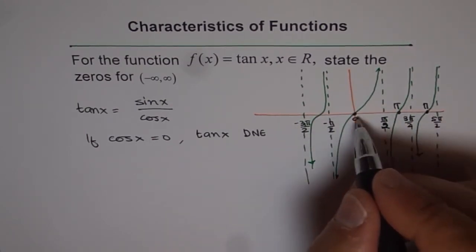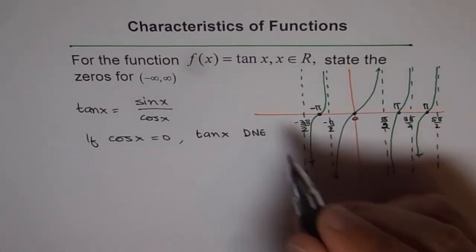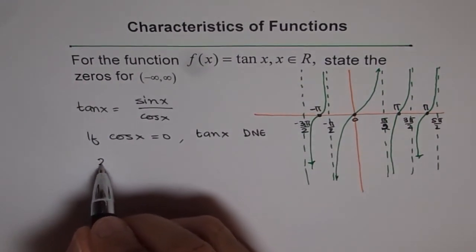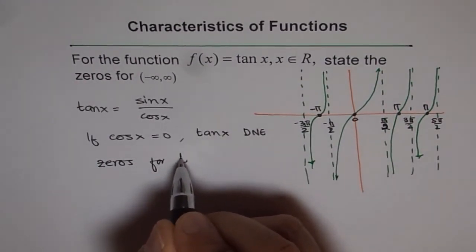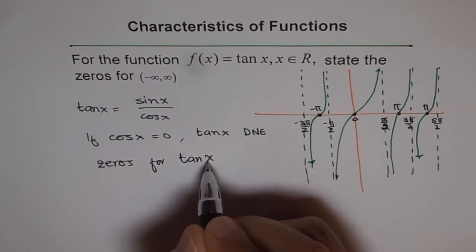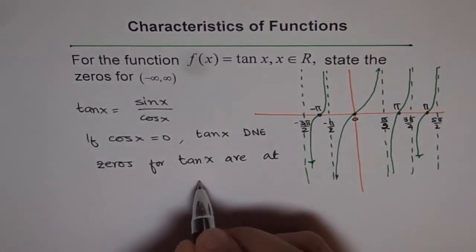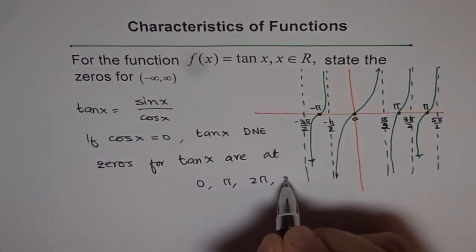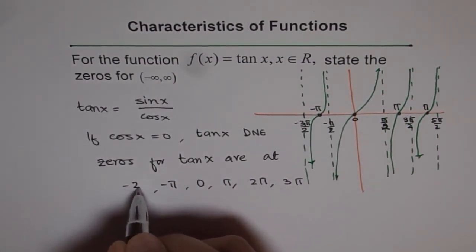Similarly, on the negative side, negative pi, negative 2 pi, and so on. So we find that the zeros for tan x are at 0, pi, 2 pi, 3 pi, and on this side minus pi, minus 2 pi.